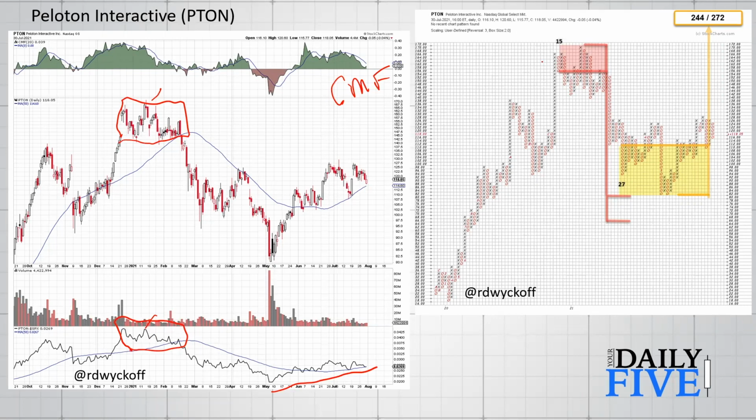Notice the point and figure chart here, the red shaded area. We take that count, and it missed the minimum objective here by 1 box. Pretty darn good. Okay, then a classic reaccumulation type structure forms here.